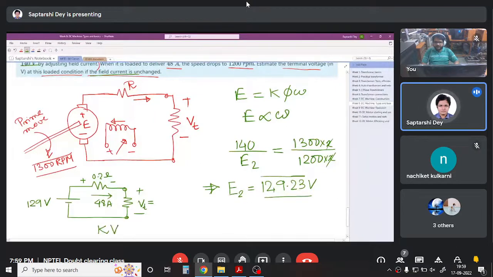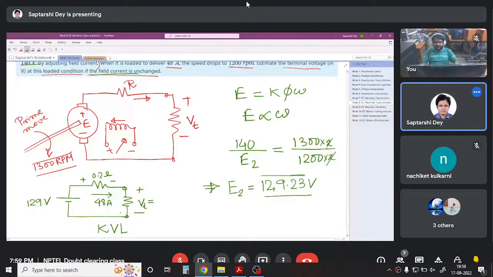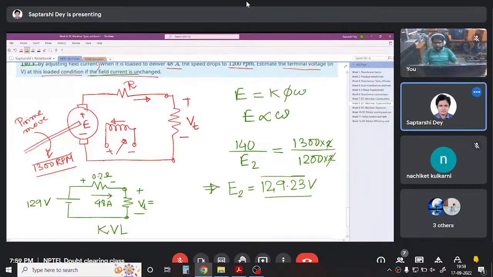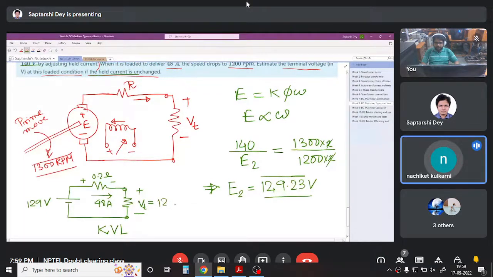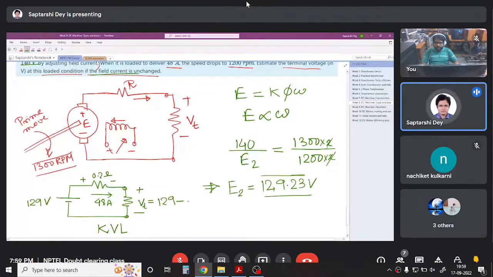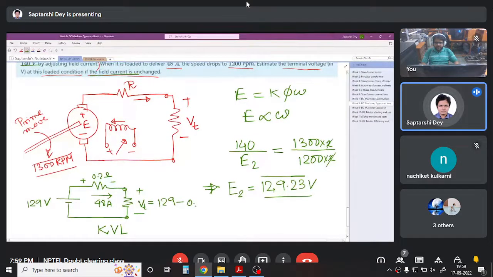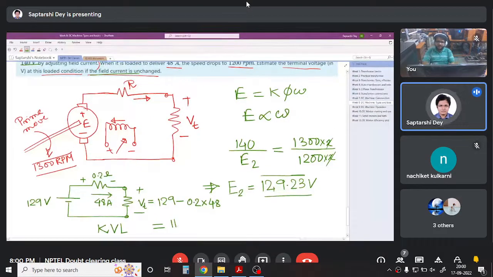These three letters ring some bell. Voltage law. Kirchhoff's voltage law. Simply circuit solving. You will get maybe some 116 volt or something I just did. Oh, 119 volt.